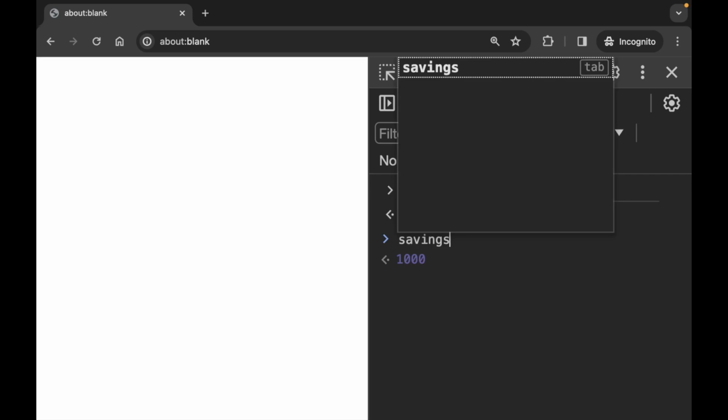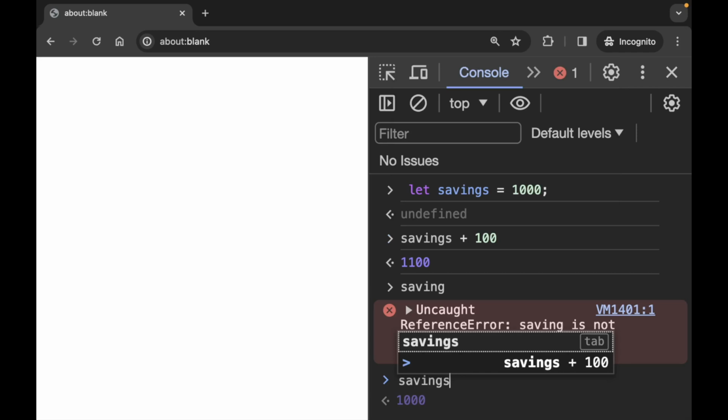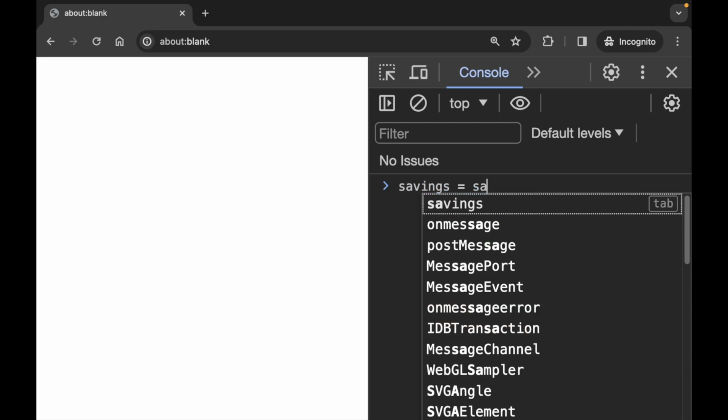Now, if I type savings again, notice it stays at 1,000 because I didn't reassign this. So if we do savings is equal to savings plus 100, now our savings is 1,100. Okay, great.